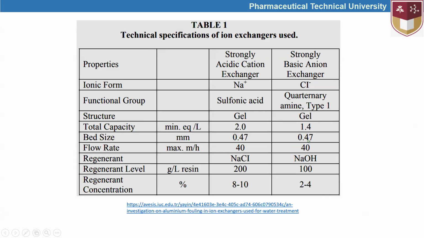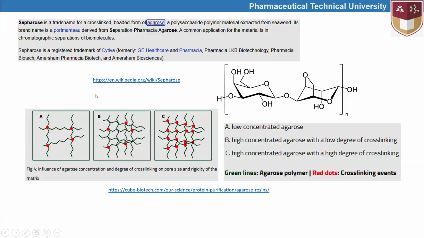Bed sizes could be similar, flow rate could be similar, and they are regenerated by using different solutions. For the regeneration of acidic cation exchanger we use sodium chloride, and for the regeneration of strongly basic anion exchangers, we use sodium hydroxide. And the regenerant level can also differ from each other. So these are about the technical specifications of ion exchangers.